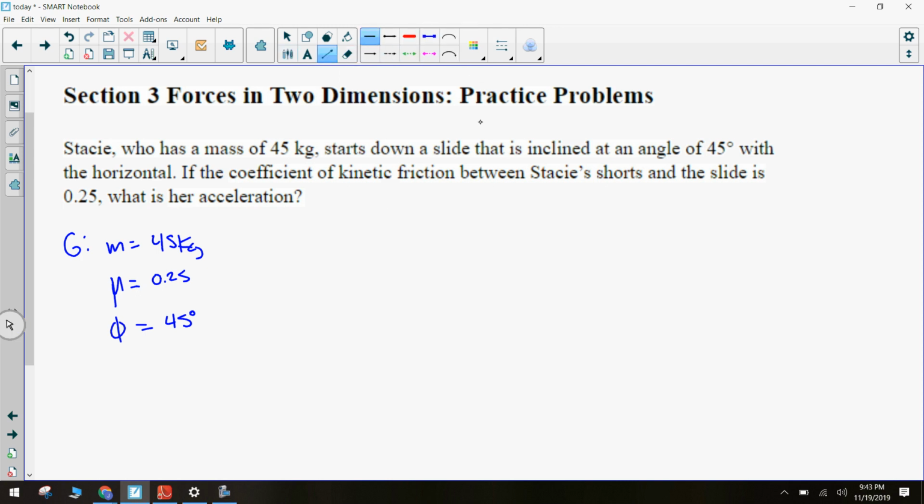Alright, so time to draw a picture. Wow, what a pretty slide. It's at some angle. Okay. And then, just like before, we go straight down with my FG. We're going to come straight out at a 90-degree angle as my FN.